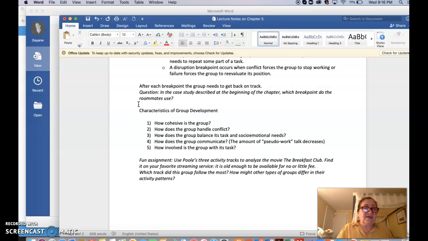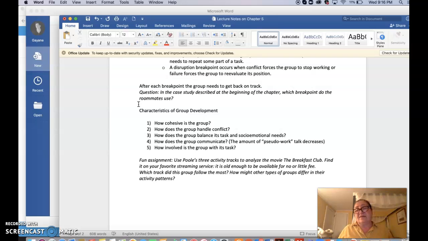So the last part is characteristics of group development, and you will read about this more thoroughly, because there's a lot to read, and I don't want to reiterate because I believe you all have your books. So questions such as how cohesive is the group? How does the group handle conflict? How does the group balance its task and socio-emotional needs? How does the group communicate?